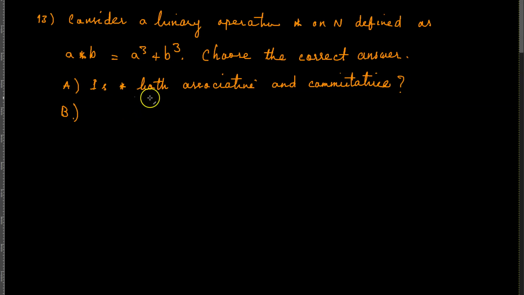B is star commutative but not associative. Is star commutative but not associative.